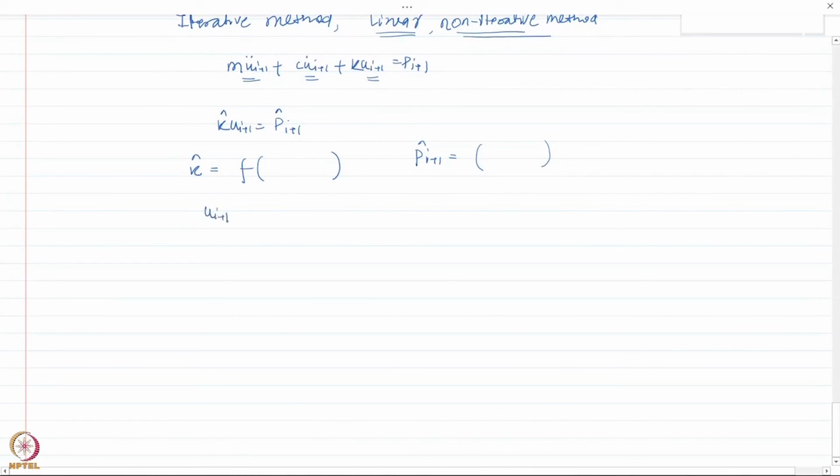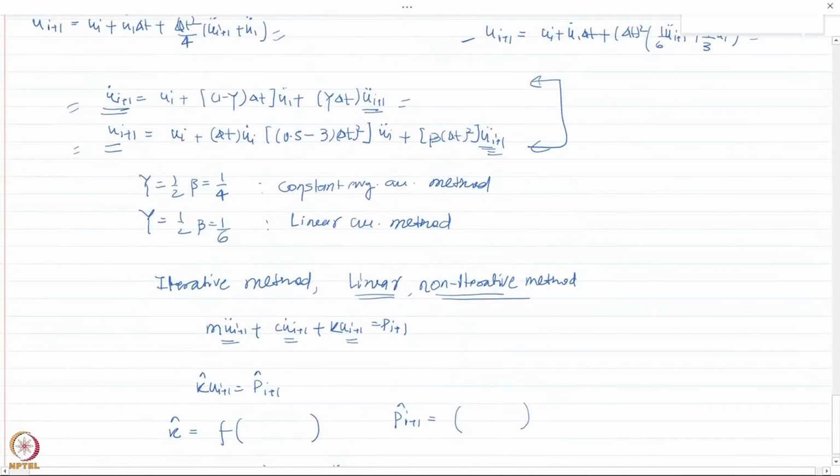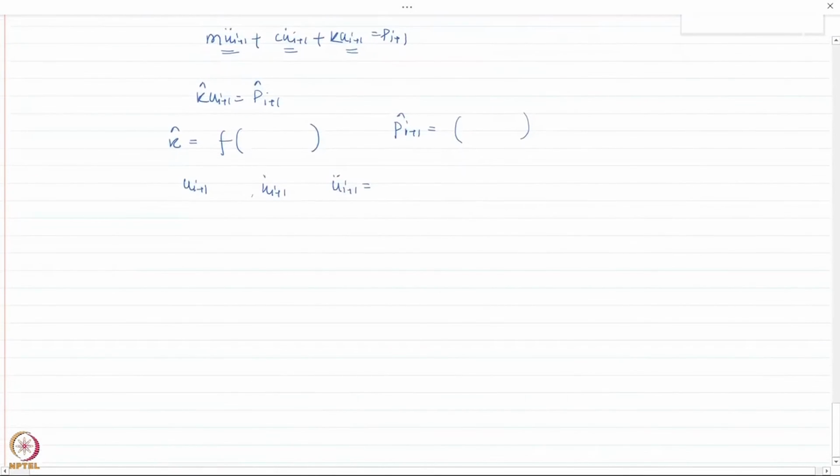If ui plus 1 is known, then ui plus 1 dot can also be found, and then the acceleration can also be found, either using these expressions here, or we can just utilize the equation of motion and write this as (pi plus 1 minus c ui plus 1 dot minus k ui plus 1) divided by m.